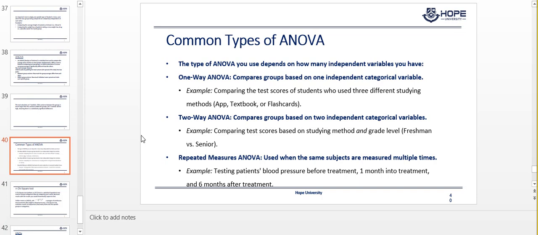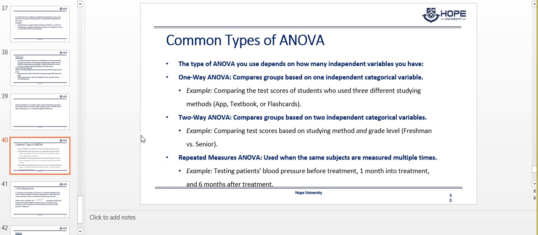Common types of ANOVA. One-way ANOVA compares groups based on one independent categorical variable. For example, comparing test scores of students who use three different studying methods, like PBL, textbook, or flashcards, so that we can determine the difference between the three groups. Two-way ANOVA compares groups based on two independent categorical variables.